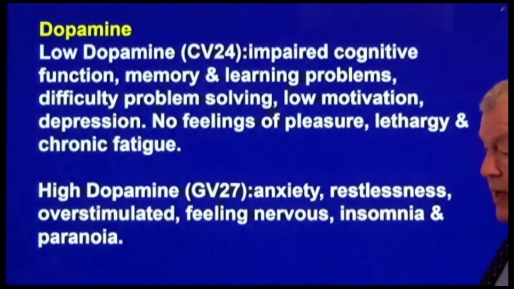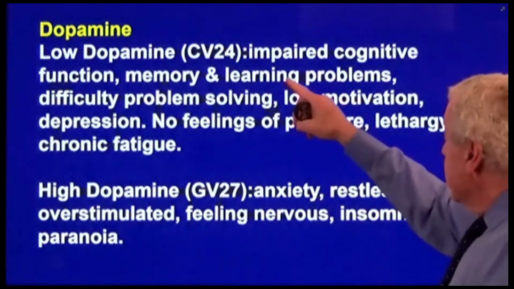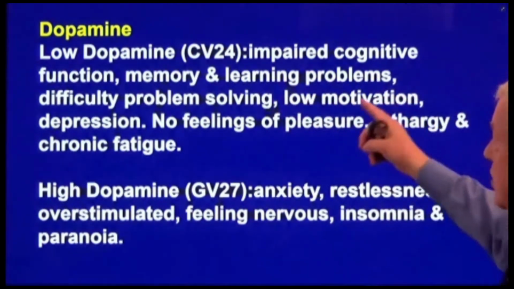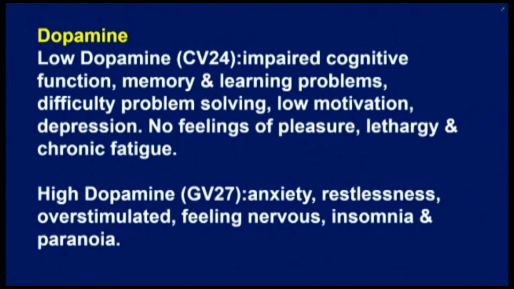So low dopamine, which we pick up on conception vessel 24, brings impaired cognitive function, memory and learning problems, difficulty problem solving, low motivation, depression, no feelings of pleasure, lethargy, chronic fatigue. High dopamine, which we pick up on governor vessel 27, can lead to anxiety, restlessness, overstimulation, feeling nervous, insomnia, and paranoia.